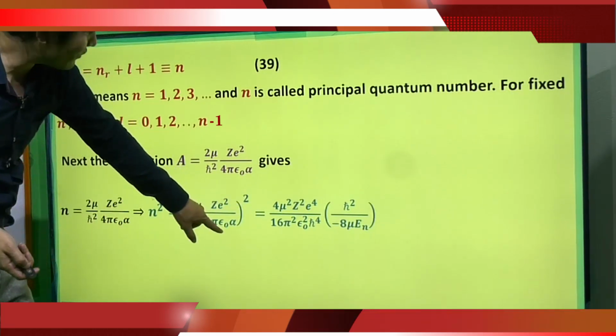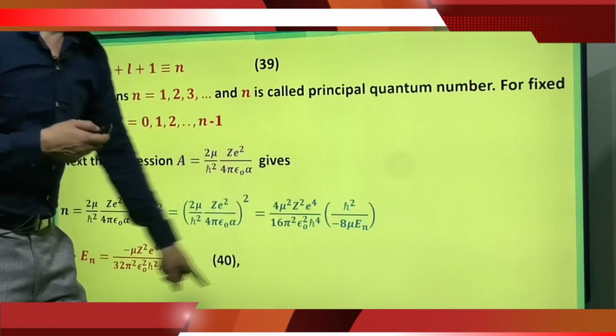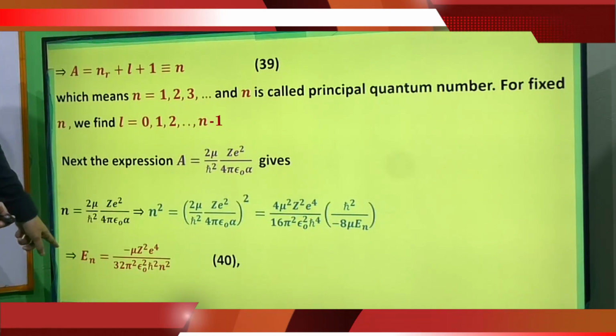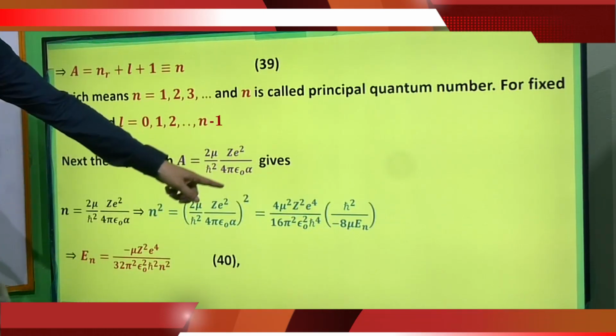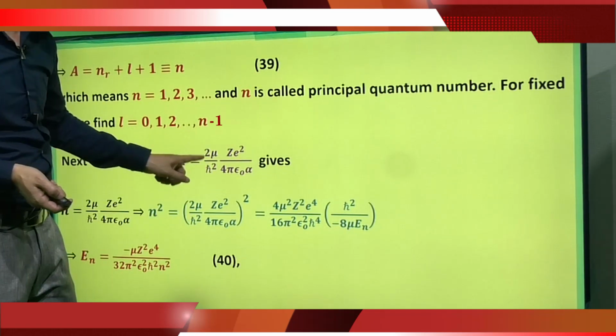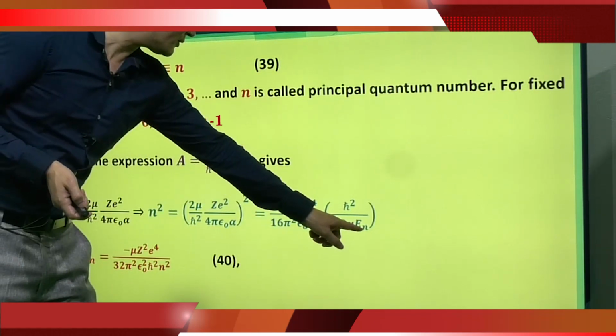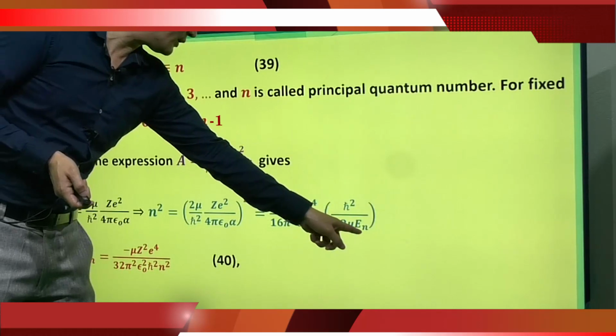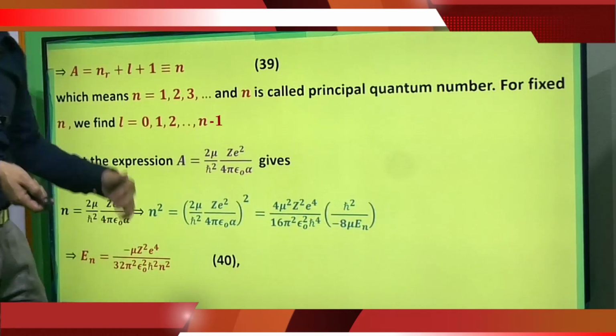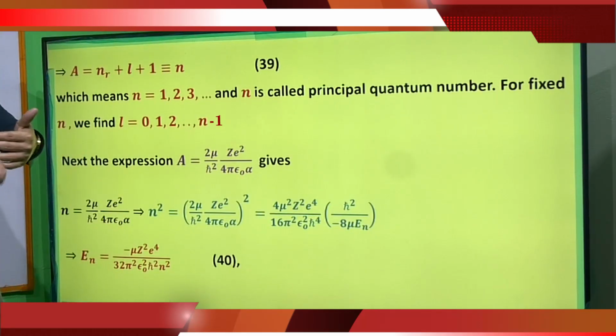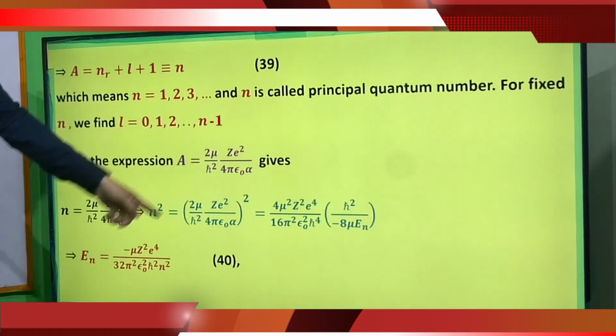That alpha square value I'm putting here. Now on simplifying it, we get this expression for energy E. Here that capital E is denoted by En, because it is going to depend on that small n. So I have changed the symbol capital E to En.